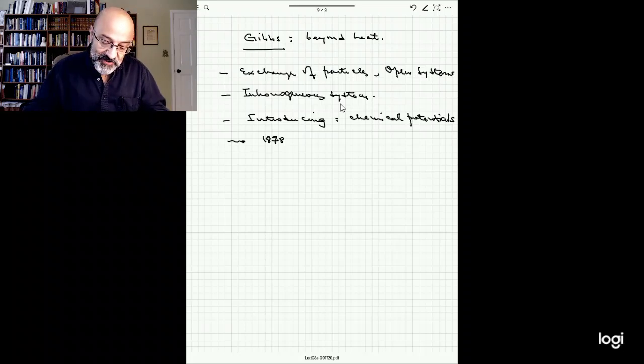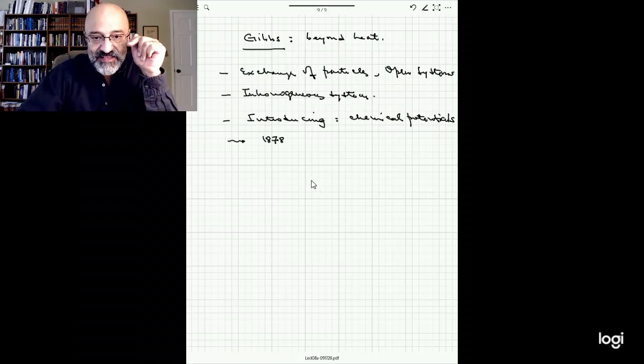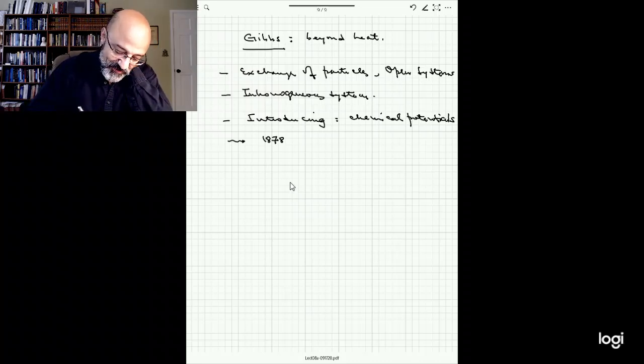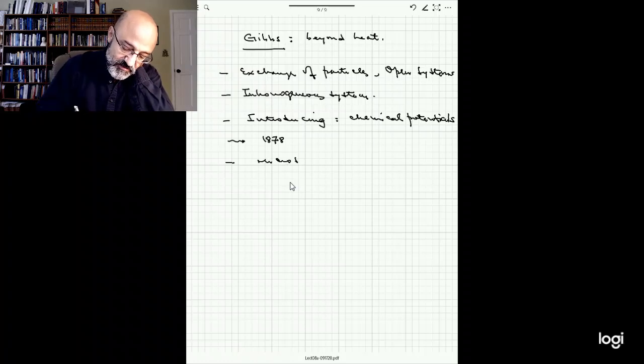Very good. One of the things that Gibbs did that was very interesting is he was the guy who really started to understand the distinction between microstates and macrostates.